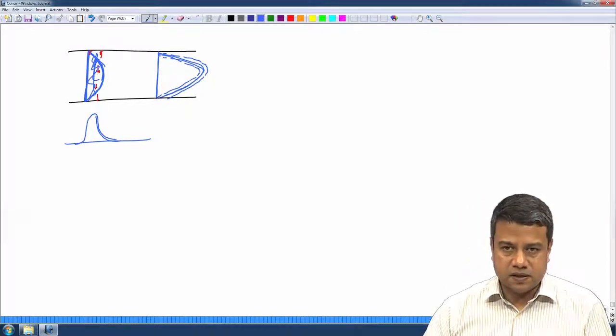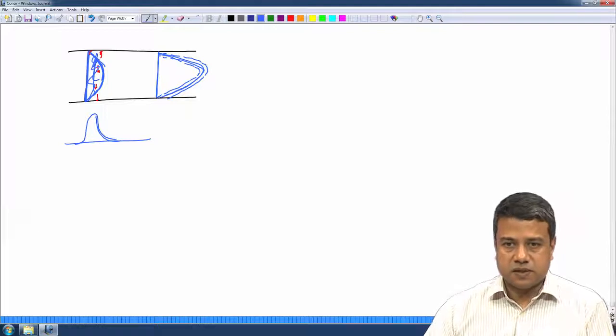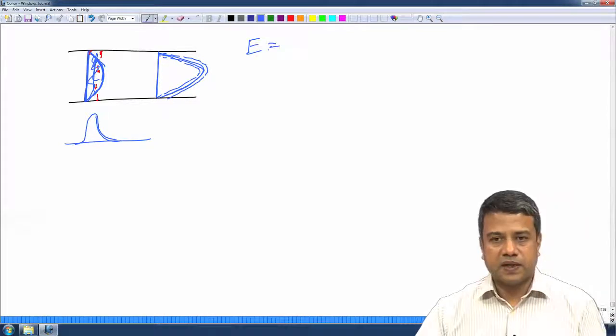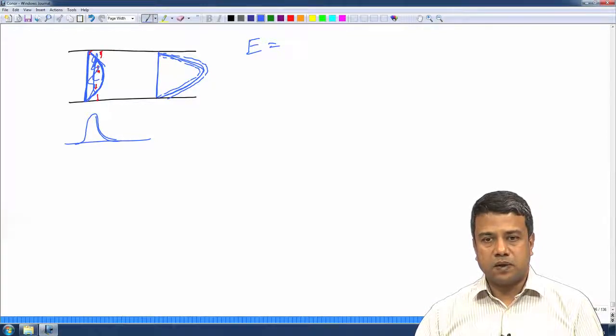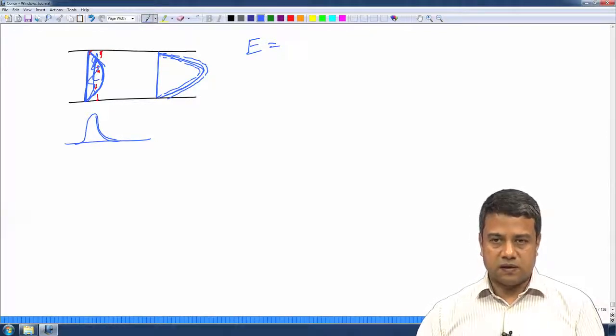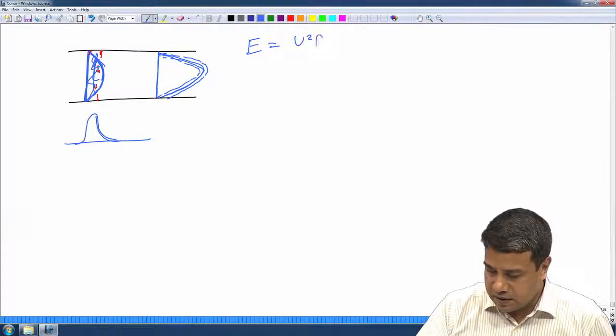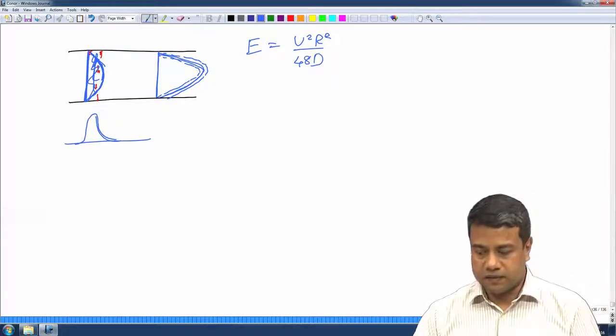Whereas, if the spreading is large, the distortion will be smaller, and due to that you get this dispersion coefficient. The effective diffusion due to the convective transport, the dispersion coefficient as u square r square by 48d, goes as inverse of the diffusion coefficient.